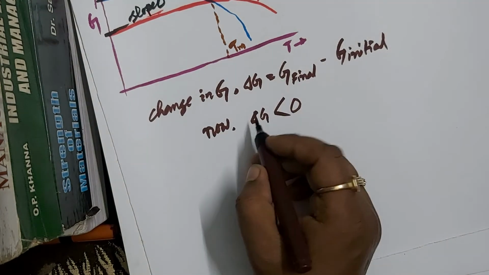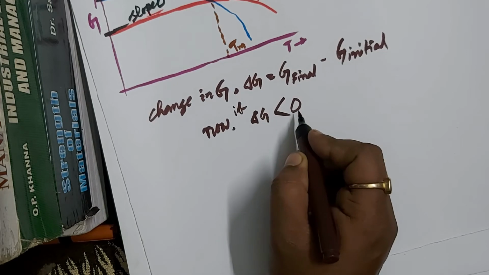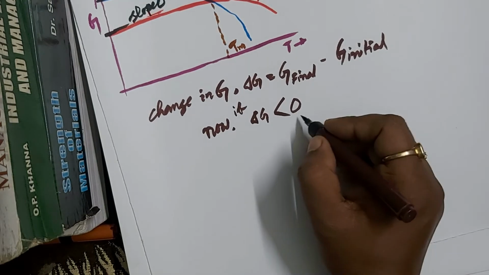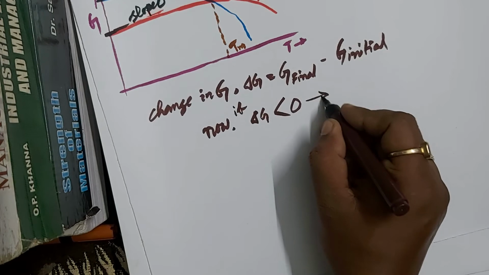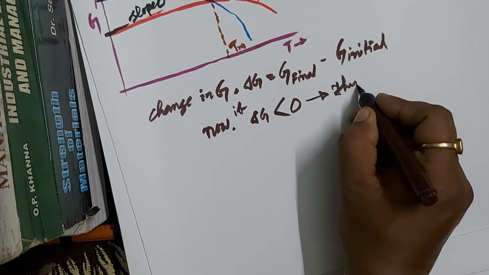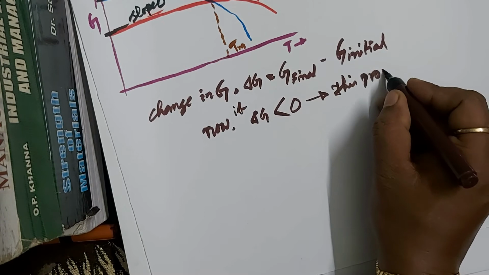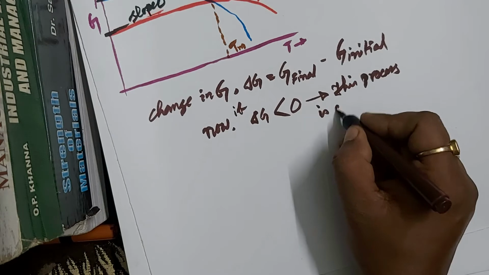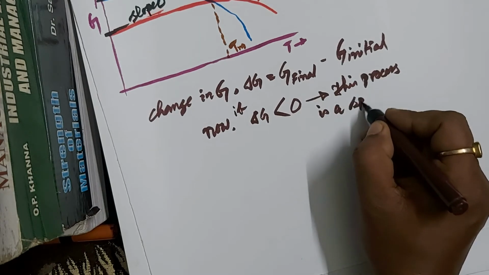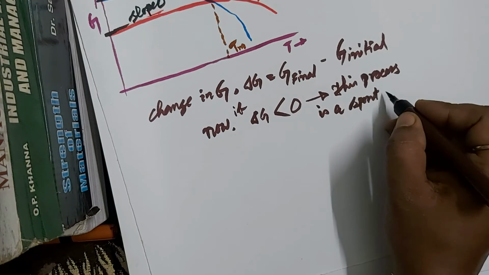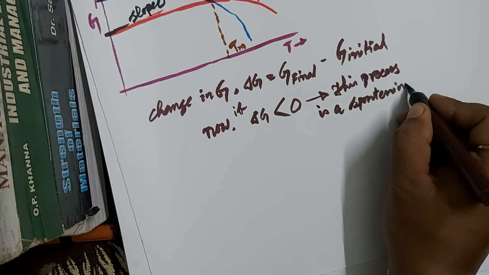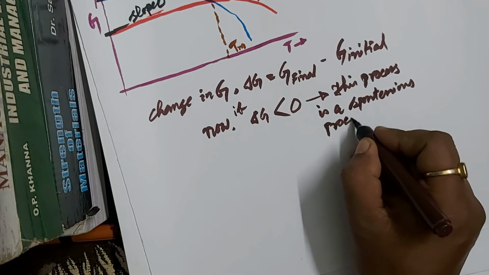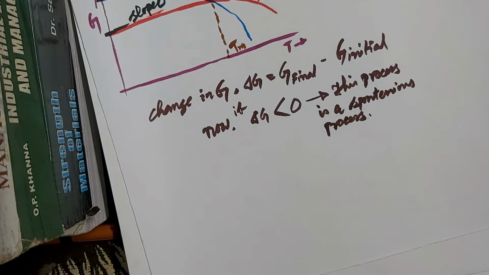If delta G is less than 0, then we can call this process a spontaneous process. This process is called a spontaneous process.